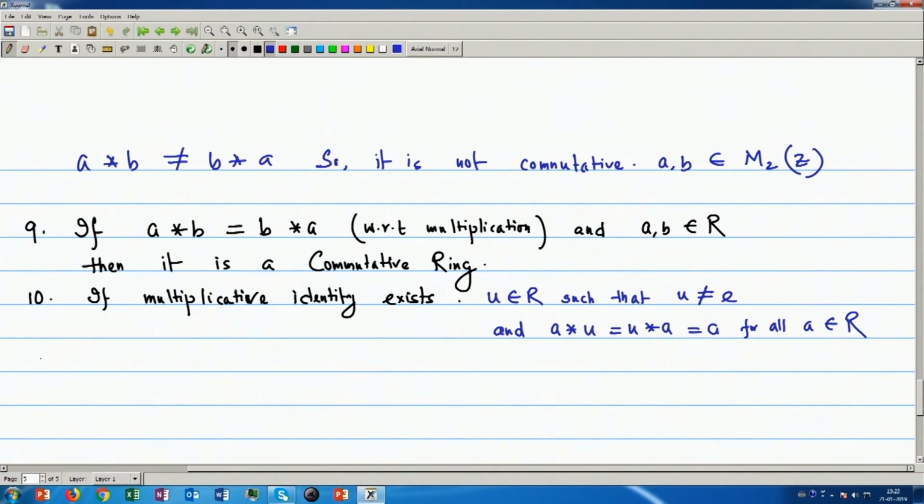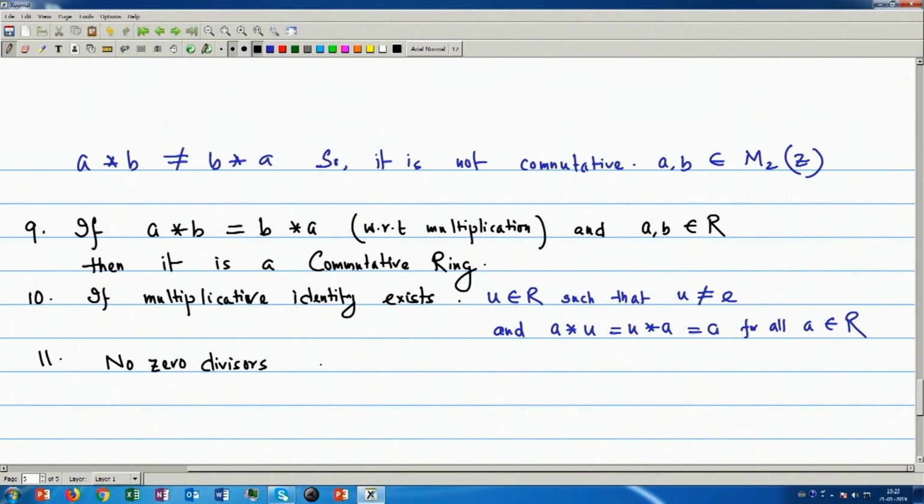Another property we take is no zero divisors.